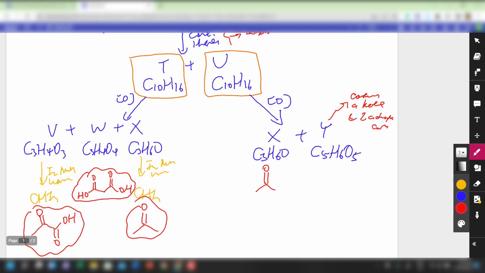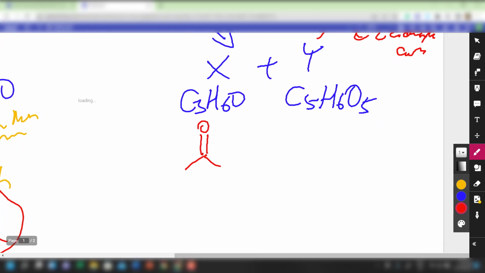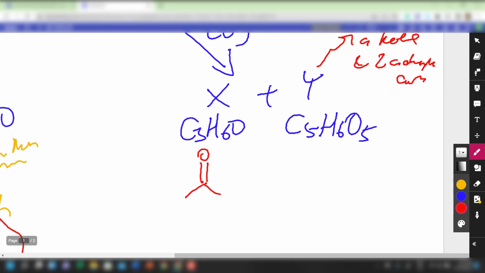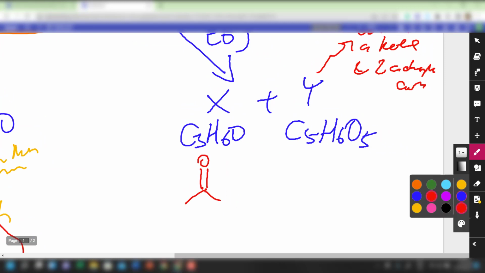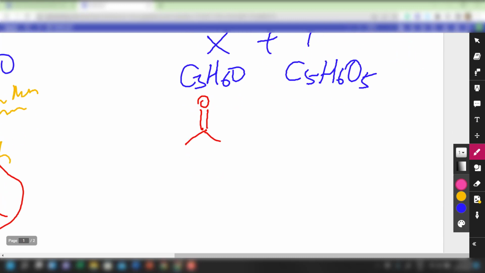From here, we know that after reduction by lithium aluminum hydride in dry ether, I'm going to get C5H12O5.